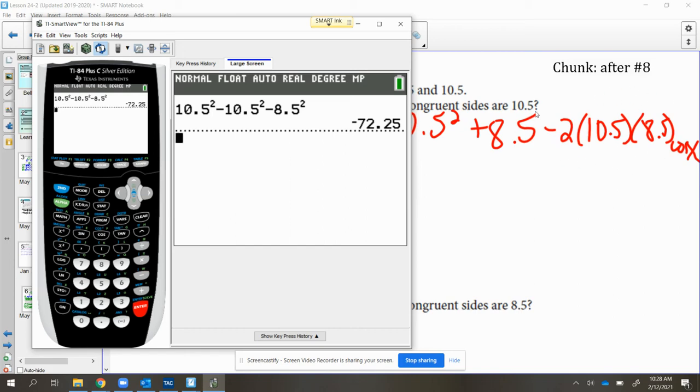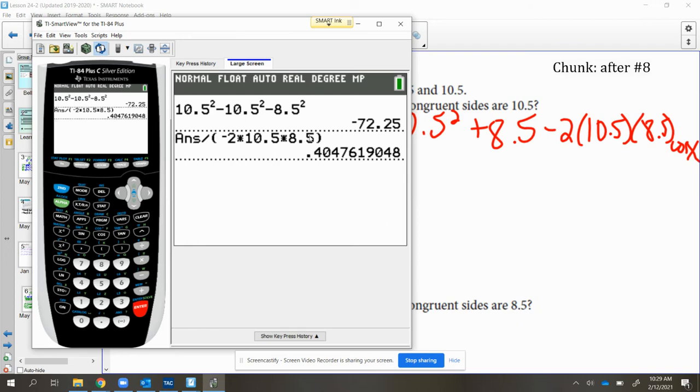Now, if you don't simplify this first, if you're trying to be lazy in your calculator, if you divide your answer by that, make sure you divide it by parentheses negative 2 times 10.5 times 8.5. Again, don't forget the negative and the parentheses.